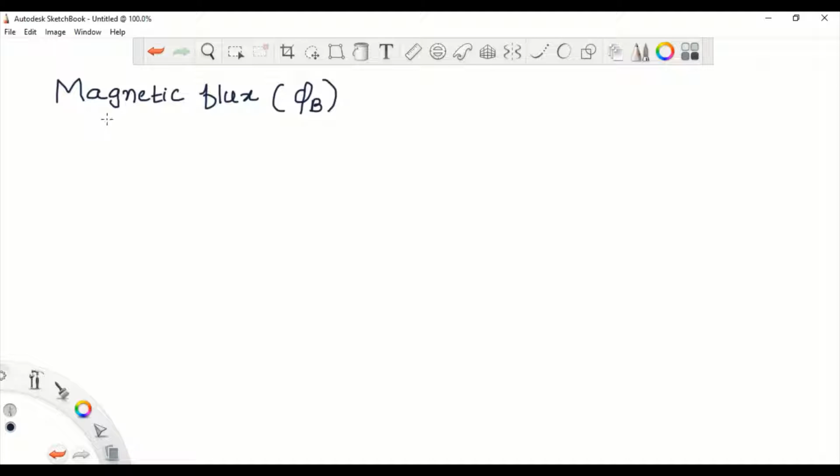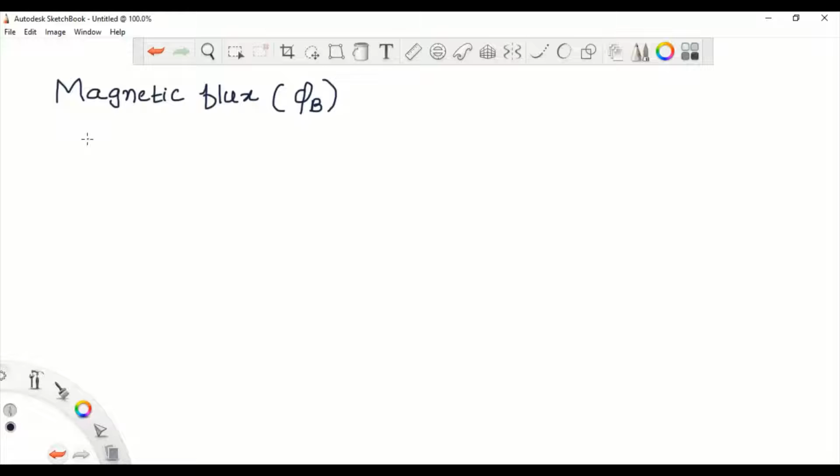So here we are going to discuss about what is magnetic flux. The magnetic flux through an area A in a magnetic field is defined as the number of magnetic field lines passing through that area normally.